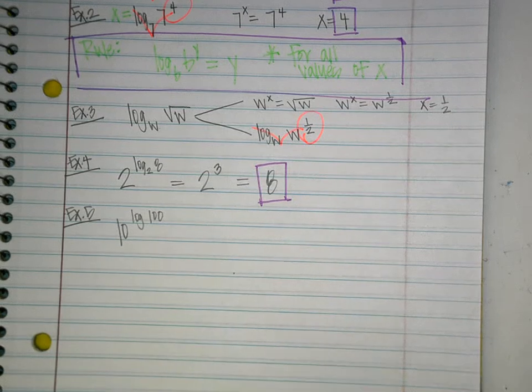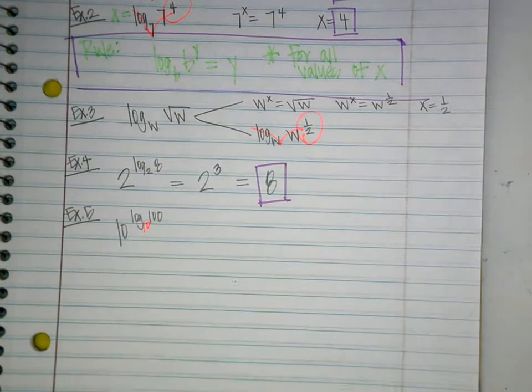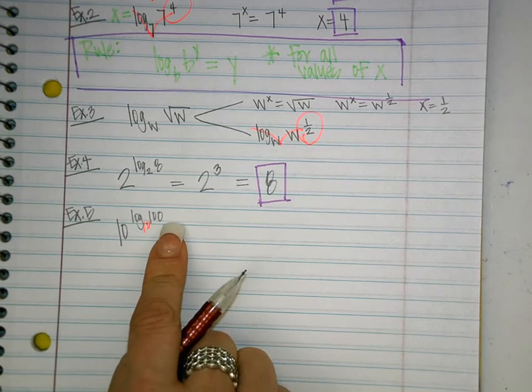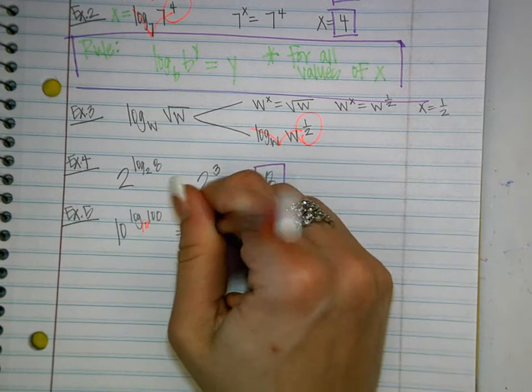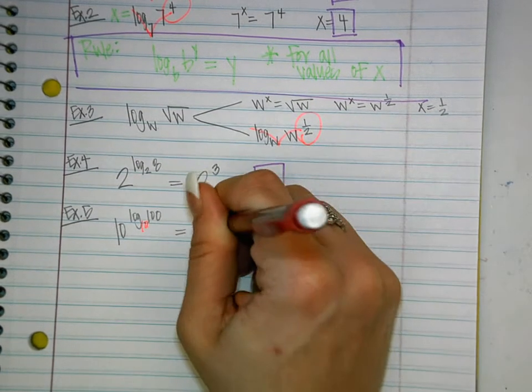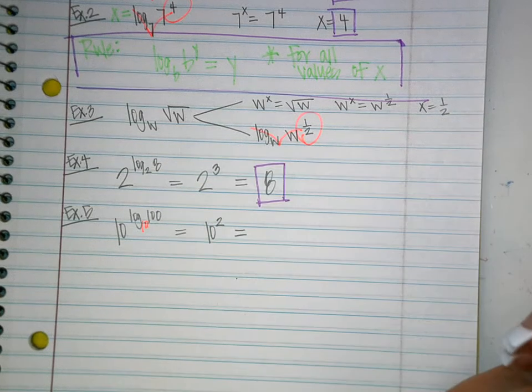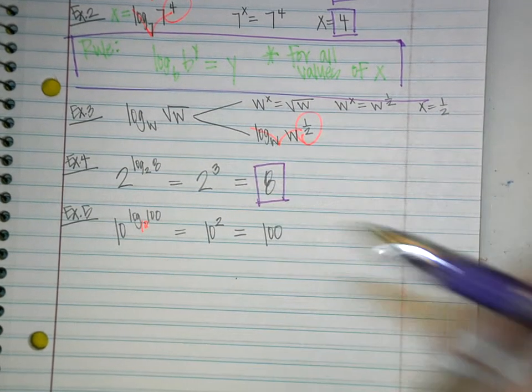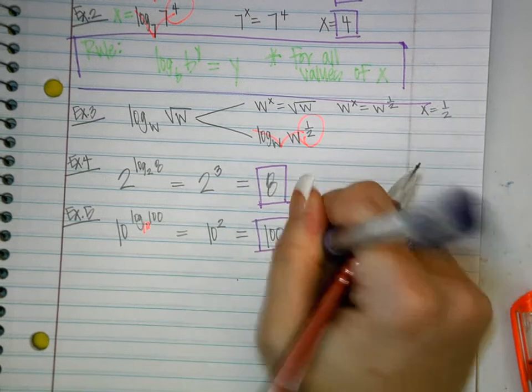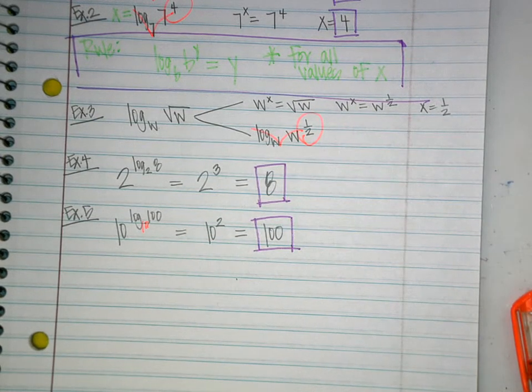The base of 10. So, log base 10 of 100 is what? What's the exponent on 10 that makes 100? 2. So this actually becomes 10 squared, which becomes what? 100 as an answer. Are you noticing another pattern possibly?